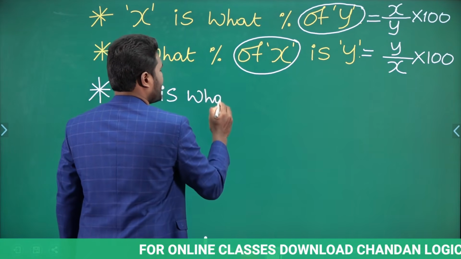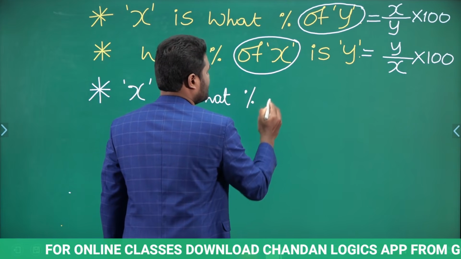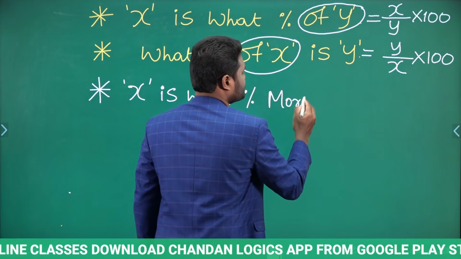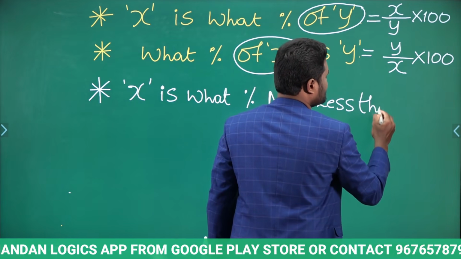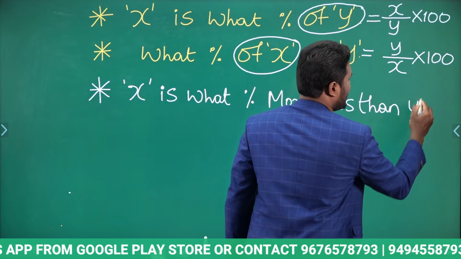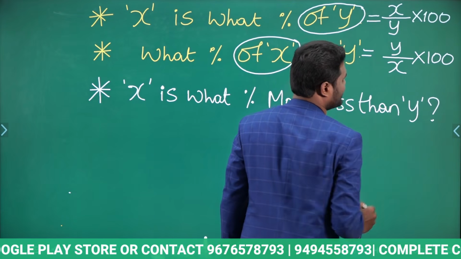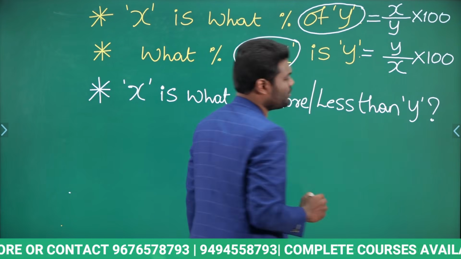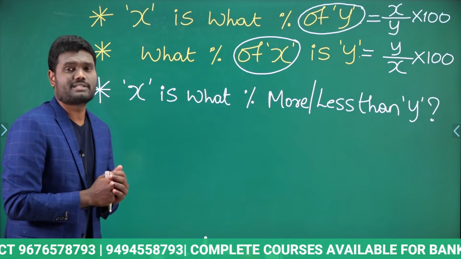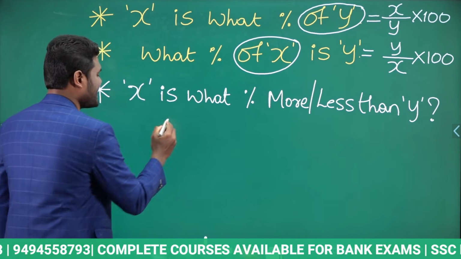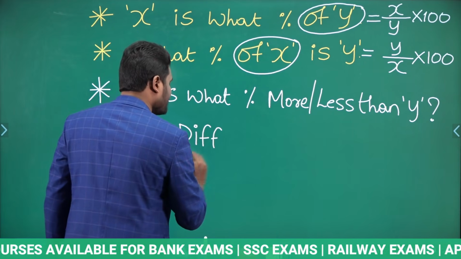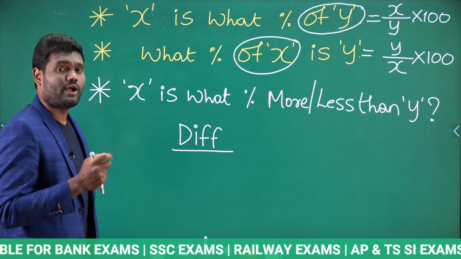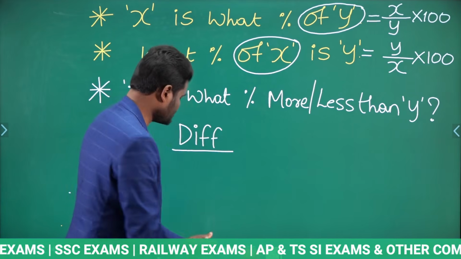Okay. Next, similarly we will have one more terminology, as we said earlier: X is what percent more or less than Y. So we will be having it in this way also. X is what percent more or less than Y means calculate the difference by whatever that is going to come after "than", that should be your denominator.